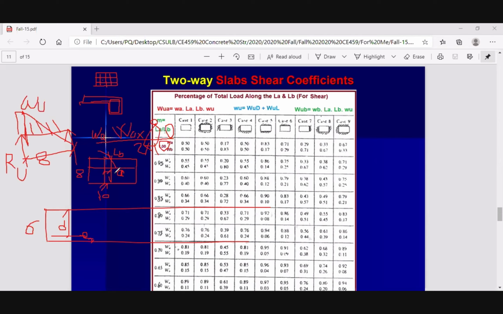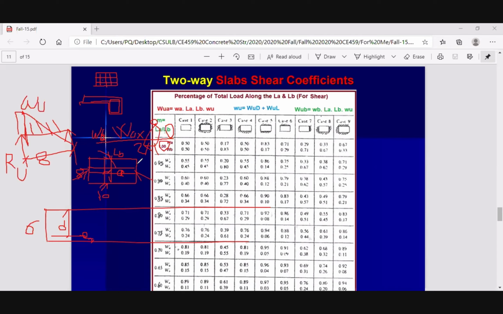So in this case, omega B means this for any case, LA over LB, whatever. For example, here, omega B times omega U times LA times LB. That is what will change. Then divided by 2 because you have 2 sides, one reaction here, another reaction there.